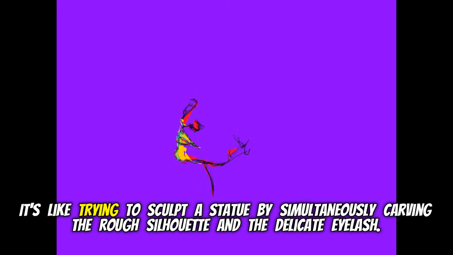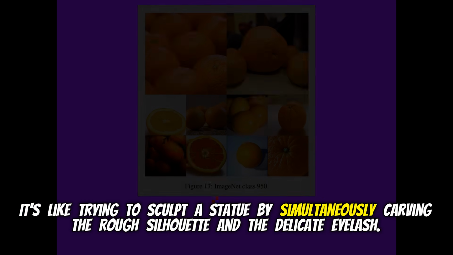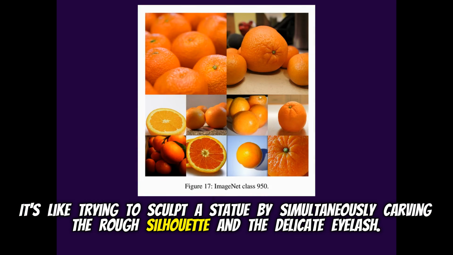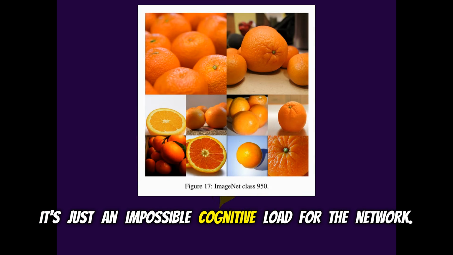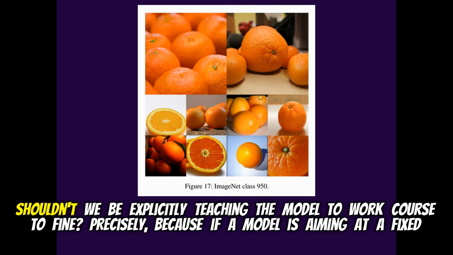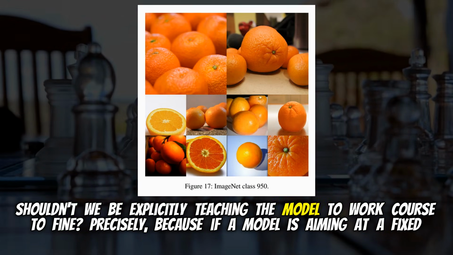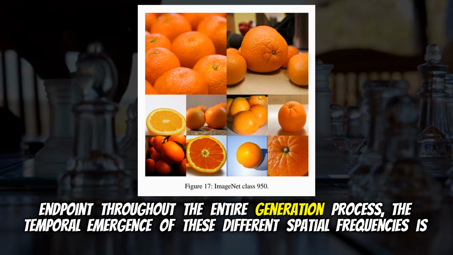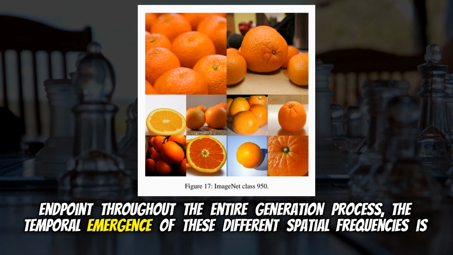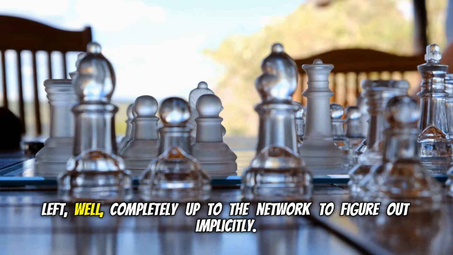It's like trying to sculpt a statue by simultaneously carving the rough silhouette and the delicate eyelashes. Oh, that's a great analogy. Right, it's just an impossible cognitive load for the network. Shouldn't we be explicitly teaching the model to work coarse-to-fine? Precisely. Because if a model is aiming at a fixed endpoint throughout the entire generation process, the temporal emergence of these different spatial frequencies is left completely up to the network to figure out implicitly.